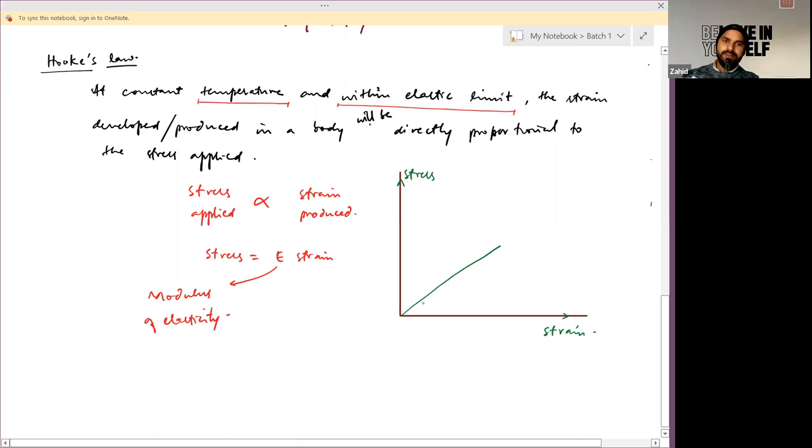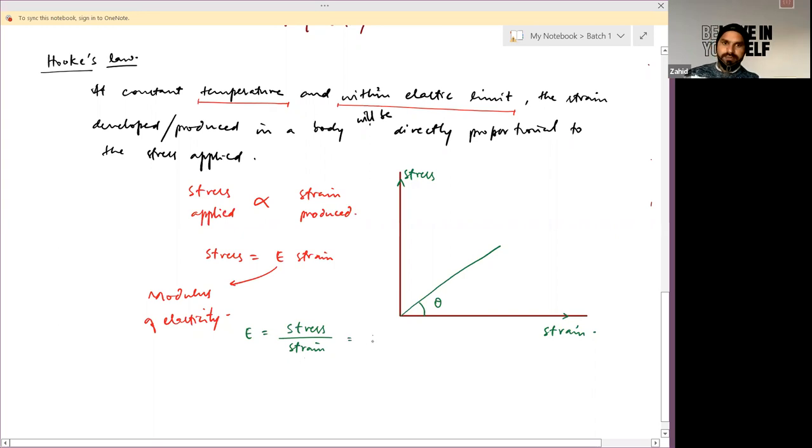This line has some inclination with the x-axis, let's say theta. Resolving this equation, you get E equals stress divided by strain. In terms of the graph, this is perpendicular by base, which defines the slope of the curve.